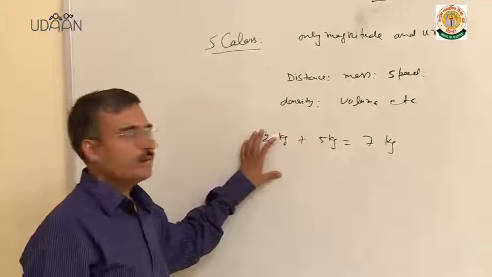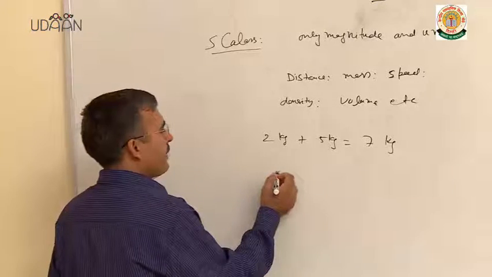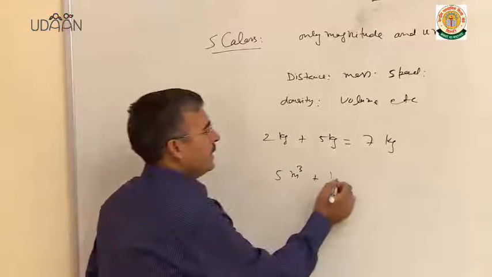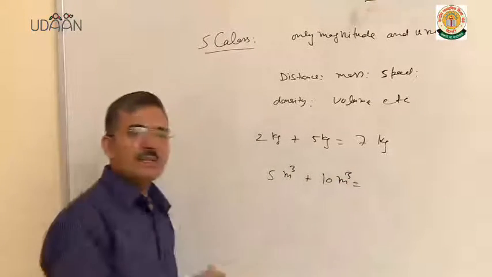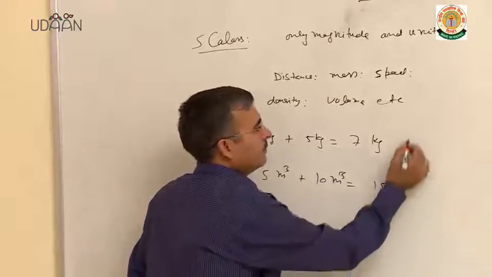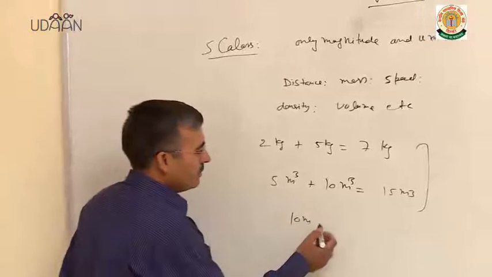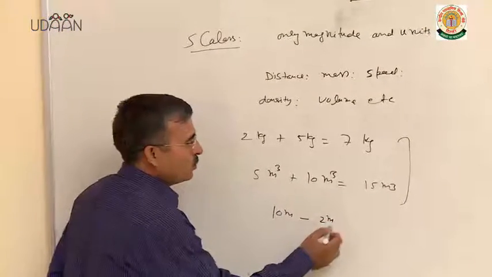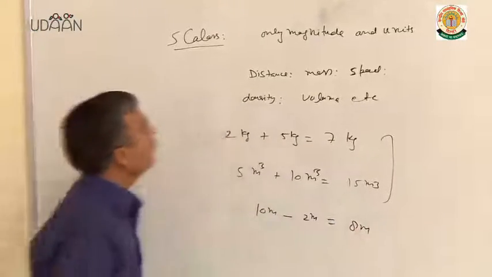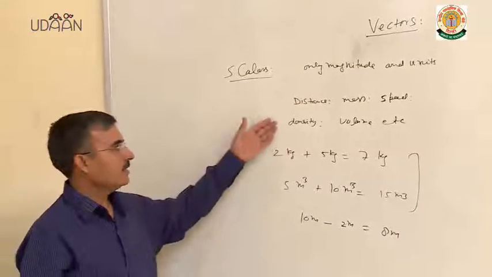Similarly, 5 meter cube plus 10 meter cube is always 15 meter cube. 10 meter distance minus 2 meter is always 8 meter. So scalars are added and subtracted just like ordinary algebra.